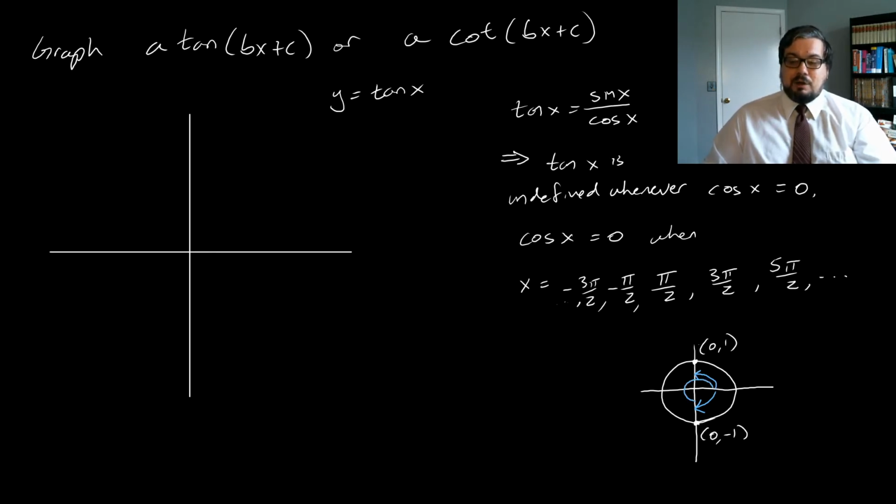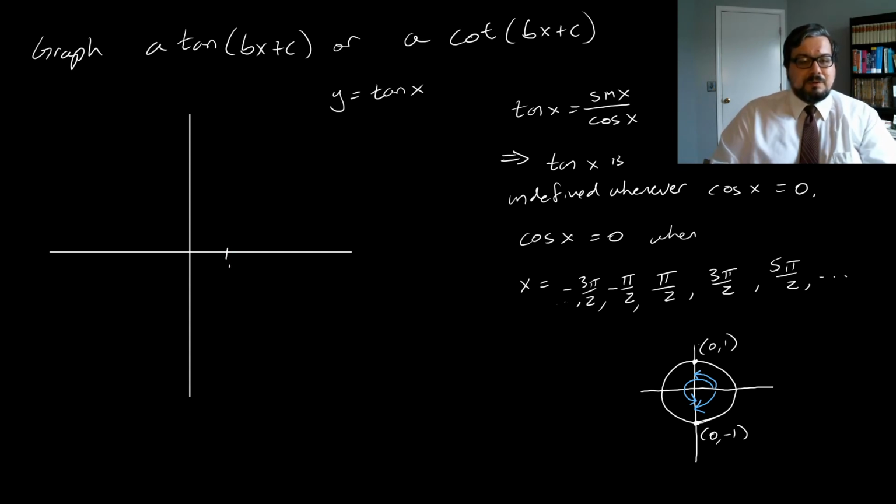Then 3 pi over 2, which is 3/4 of the way around the circle. 5 pi over 2, which is 1 1/4 of the way around the circle, and so forth and so on. So cosine is equal to 0 at all of these points, at negative pi over 2, pi over 2, and what you get when you extend further along the x-axis in that pattern.